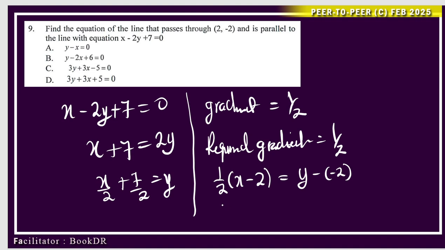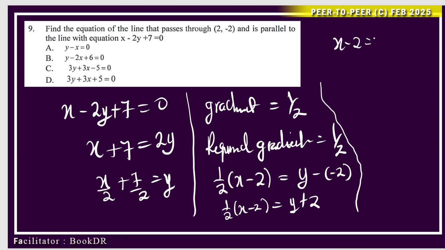So we have half (x minus 2) is equal to y plus 2. Clearing fractions by multiplying through by 2, we have x minus 2 is equal to 2y plus 4. Then we arrange. So x minus 6, when the 4 comes, is equal to 2y.